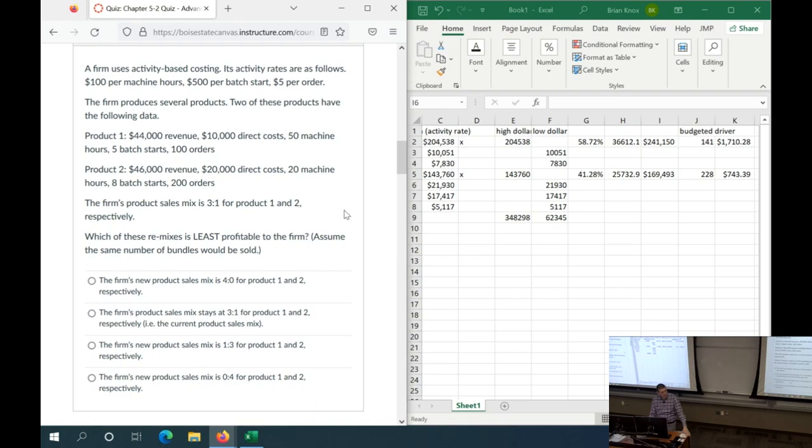Did you start it before Tuesday or after Tuesday? That's the question, because it'll pull the questions and then keep them. Which answer did you pick? 4-0 for product 1 and 2 respectively.